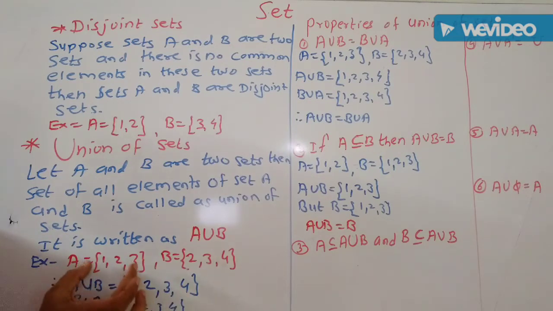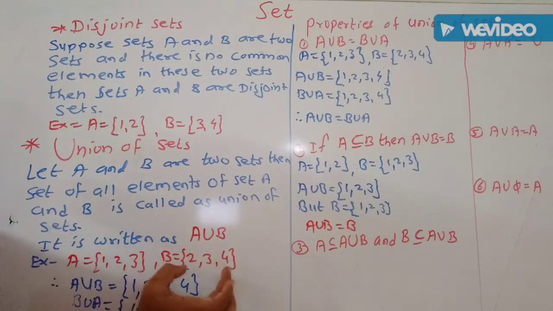That means every element of set A is the element of set A union B, that means we can write A is the subset of A union B. Similarly, if we see the set B 2, 3, 4 and A union B 1, 2, 3, 4, again we can see that every element of set B is the element of set A union B. Therefore, we can write B subset of A union B.